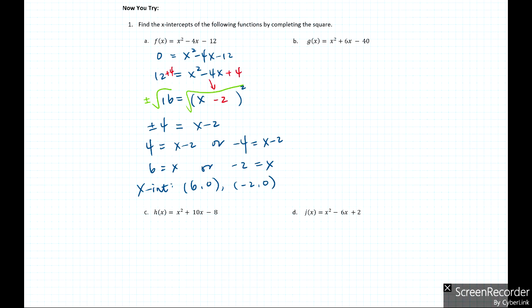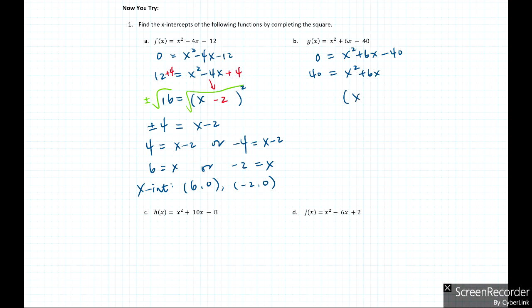Now in part B, if we want to complete the square, we have again the same beginning by letting the constant term by itself by adding 40 on both sides. So 40 equals x squared plus 6x. And from here we can think about writing this as a perfect square trinomial.